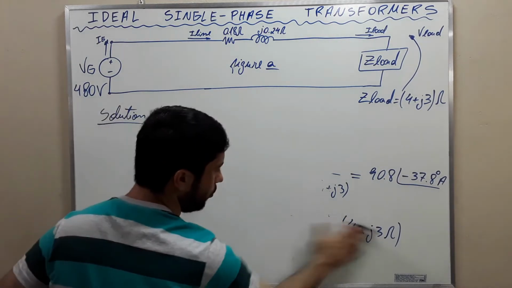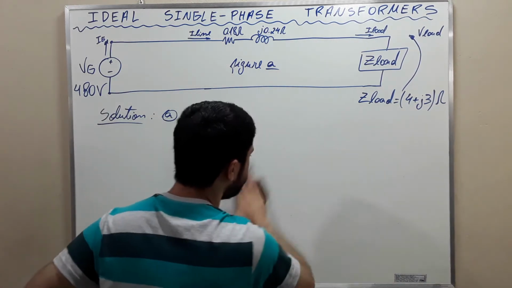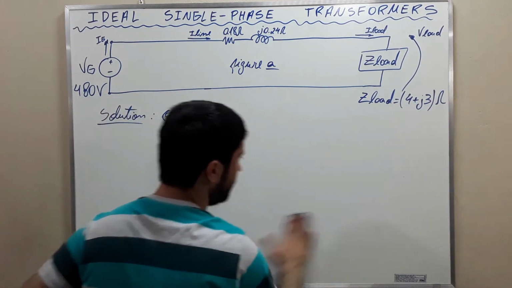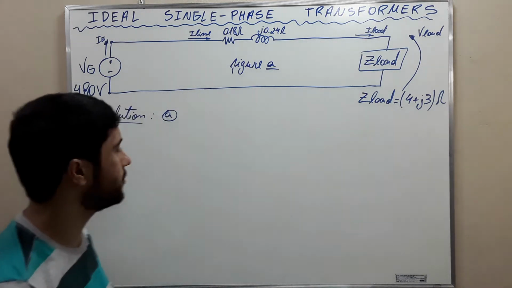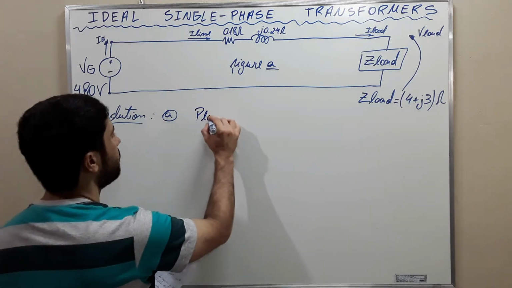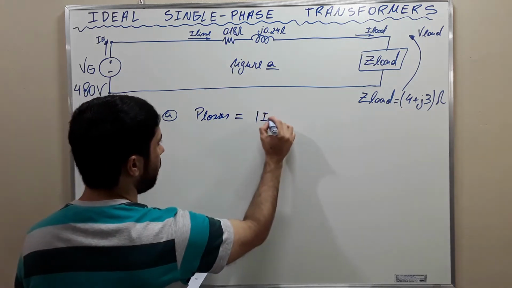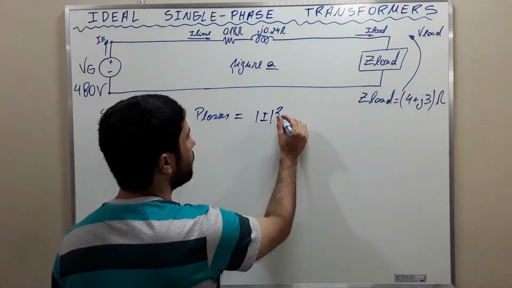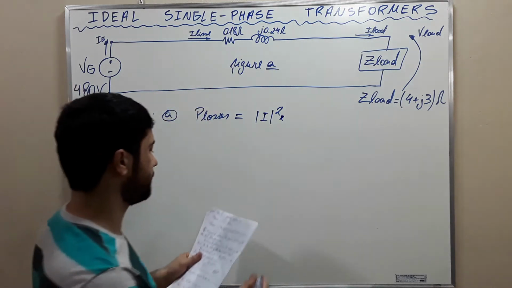We are going to conclude that the losses without the transformers are much higher than the losses with transformers. So the line losses will be equal to the current squared times the resistance of the line.